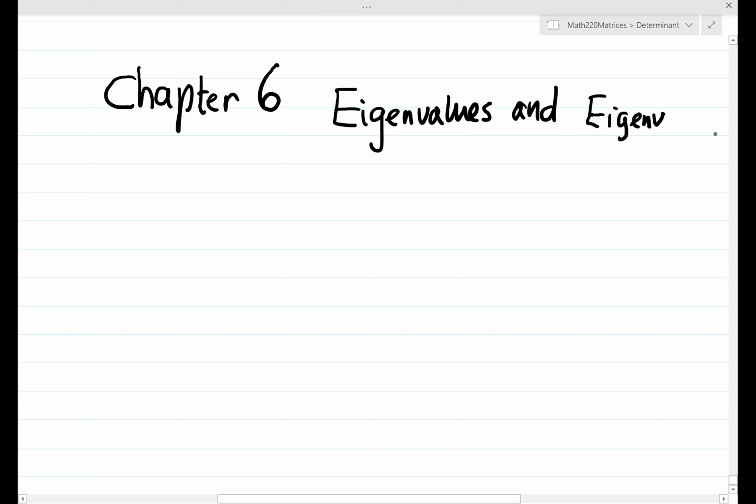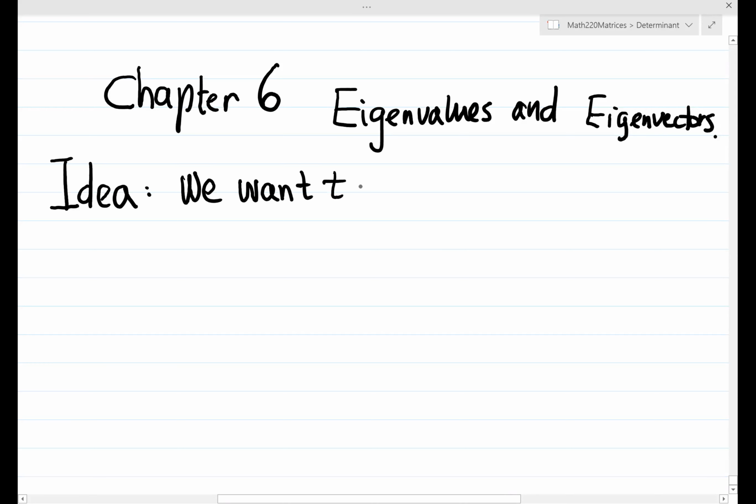The idea is we want to find things that have nice properties, that is, we want to find invariants under certain operations.